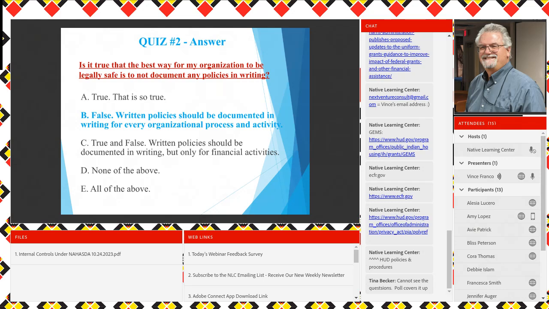And then the tribe has these protocols and thresholds for approval. And then the Native Learning Center, at the most restrictive level, has procurement policies that supersede all of the above in these areas. And I would list that. So we've got in that particular area policies and procedures for procurement.